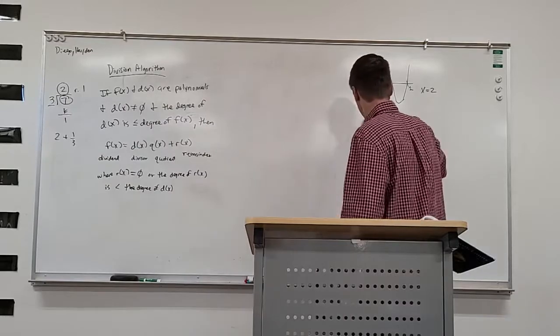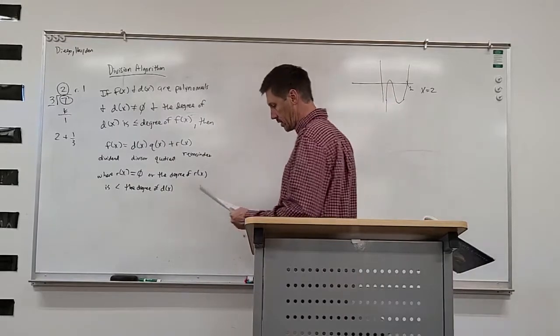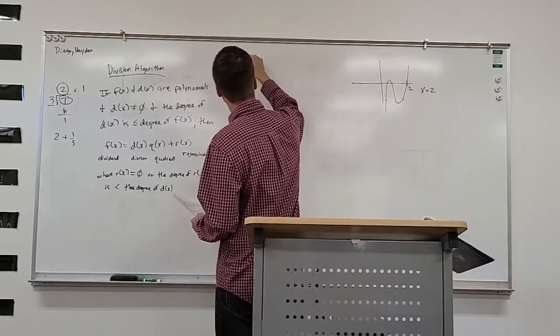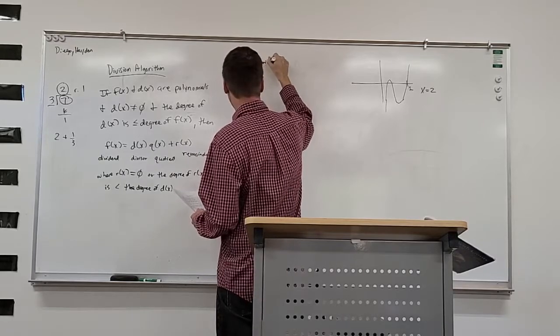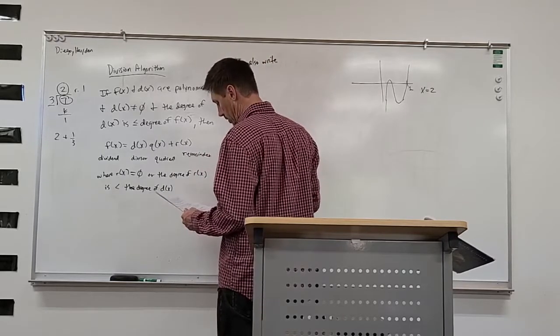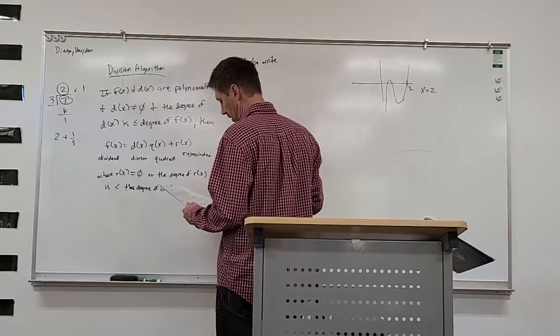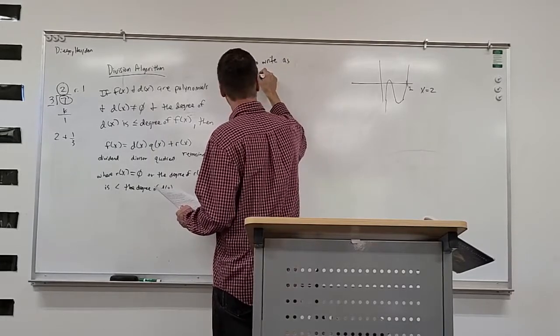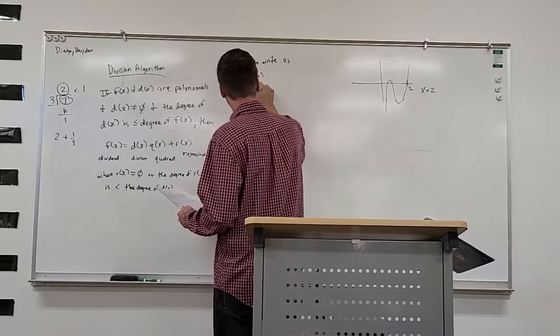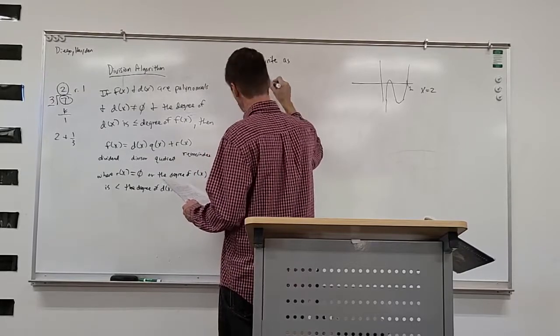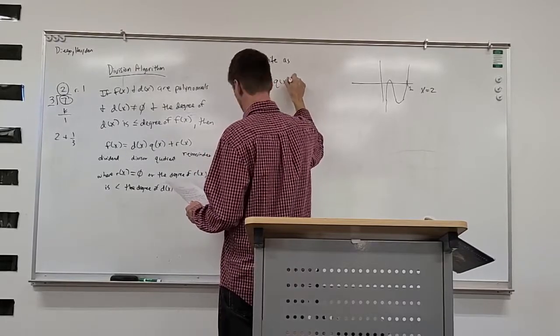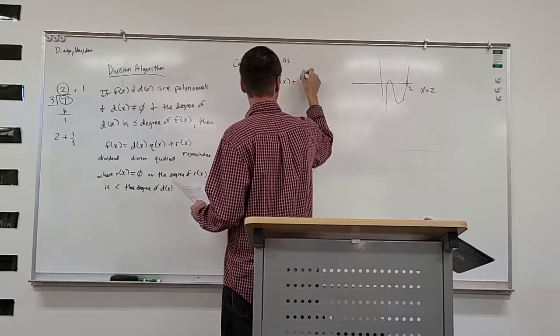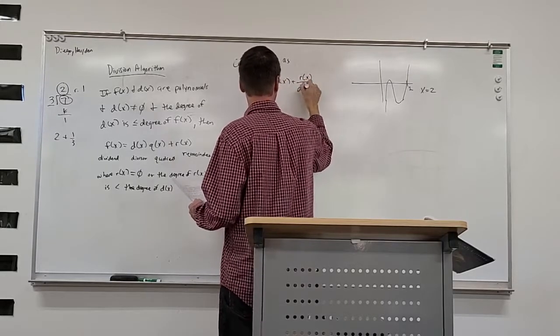There's another way. Just an alternate way, and I'm just spelling all this out because you've got at least one homework problem where it asks you this. Can also write as f of x over d of x equals q of x plus r of x over d of x.